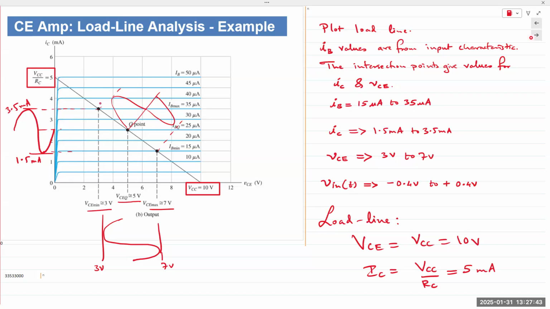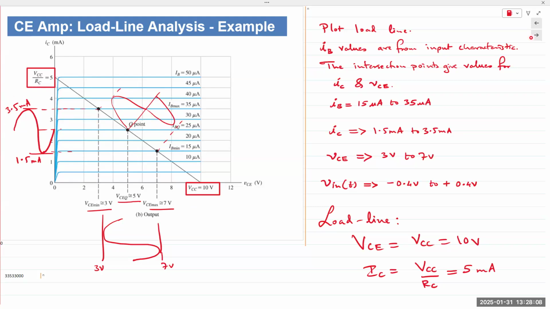These 3 intersection points give us our solution for the output. If you extend it to the left, the Y coordinates give us the value for IC, the collector current. The X coordinates give us the value for VCE.